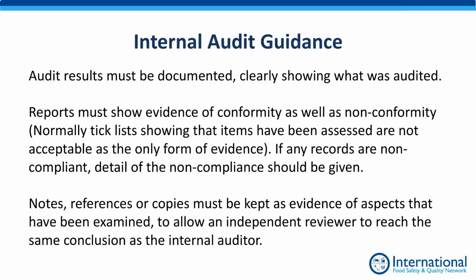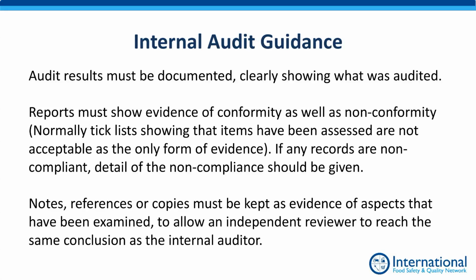Audit results should be documented clearly showing what was audited. Reports need to show evidence of conformity as well as non-conformity. Normally, tick lists showing that items have been assessed are not acceptable as the only form of evidence.